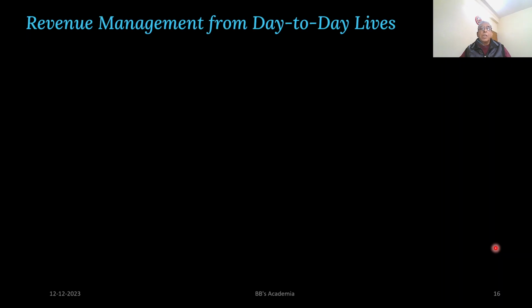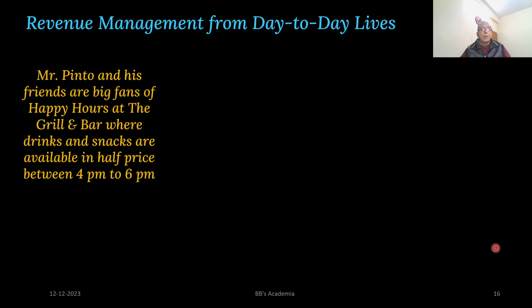Now, let us check a few examples from our daily lives. One situation is this. Mr. Pinto and his friends are big fans of happy hours at the grill and bar where drinks and snacks are available at half price between 4 p.m. and 6 p.m. This is the situation given in front of us.